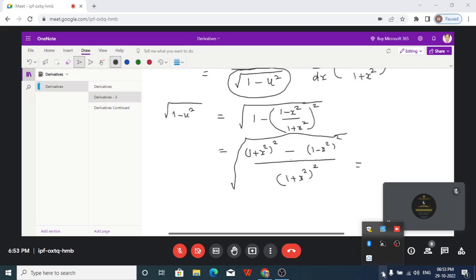Yes, sir. So this is like a plus b whole square minus a minus b whole square, which is equal to 4ab. Right.